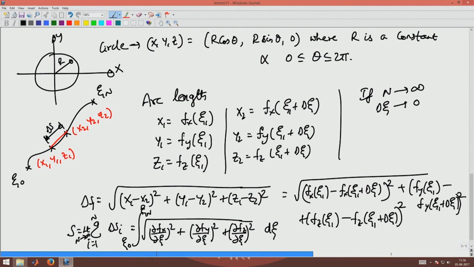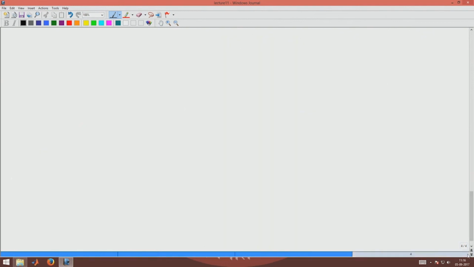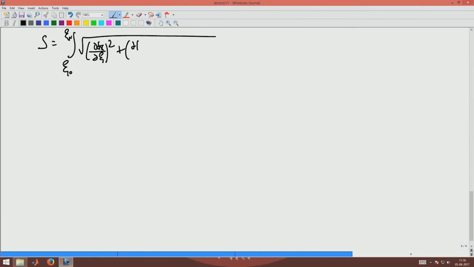So, basically now the arc length S is given by the integral from psi 0 to psi n of the square root of dou f x by dou psi the whole square plus dou f y by dou psi the whole square plus dou f z by dou psi the whole square, into d psi.